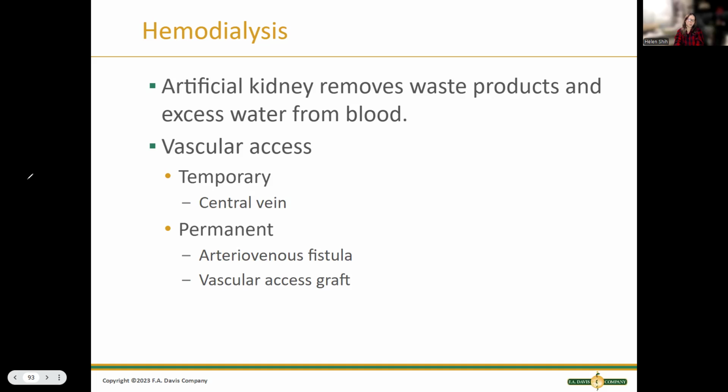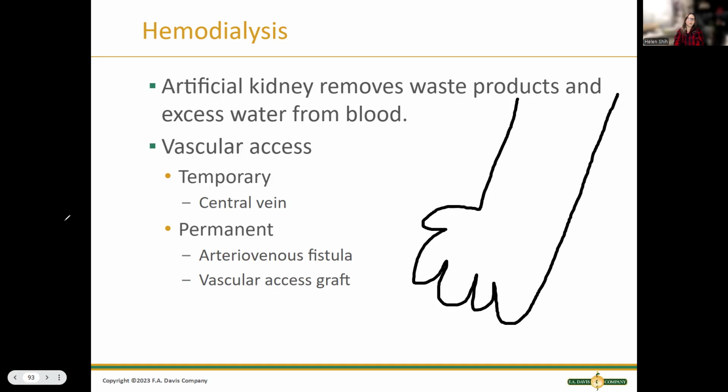For you to understand this, I have to draw more pictures. In order to create a fistula, earlier we said that a fistula is when two tubes are connected together when they're not supposed to be. In an arteriovenous fistula, we connect an artery to a vein. Here's my arm, my hand. In my arm, I have arteries that supply blood to the hands.